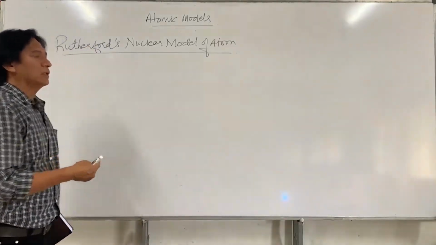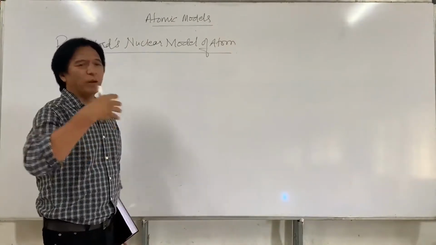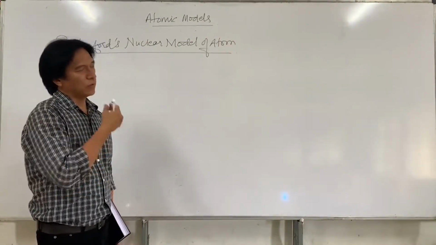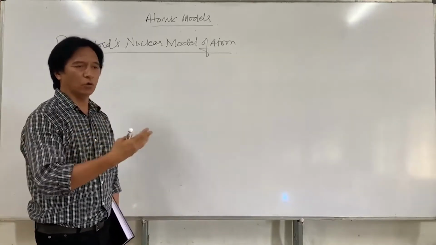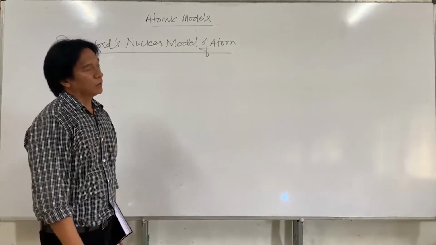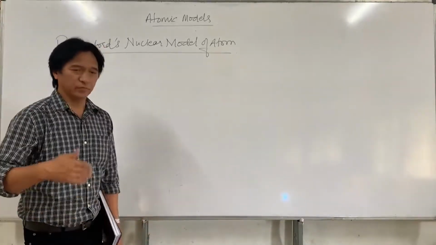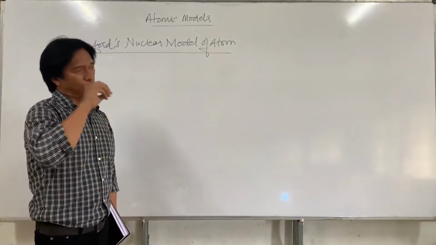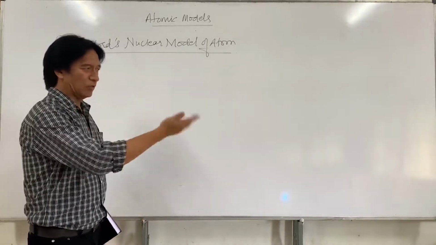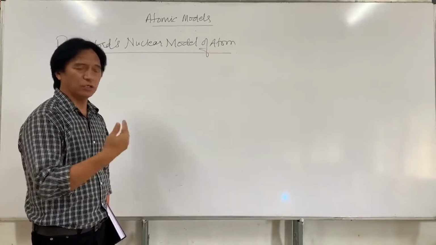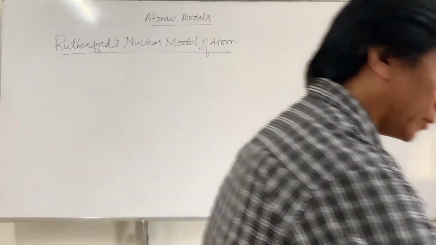And then he passed alpha particles through this thin sheet of gold foil. And in his experiment, now let us see what all things happen actually. So he passed a stream of alpha particles through a very thin foil of gold, and the observations.